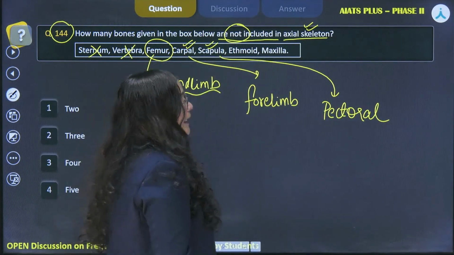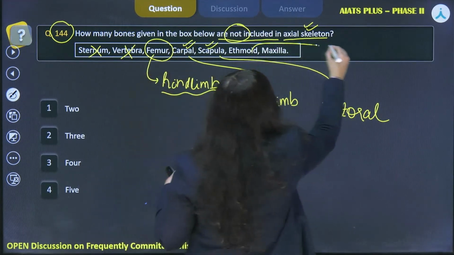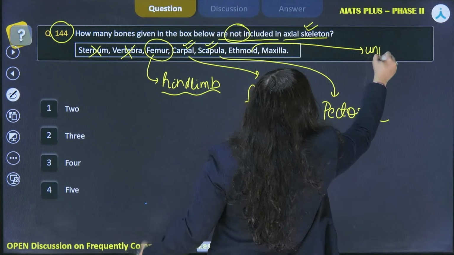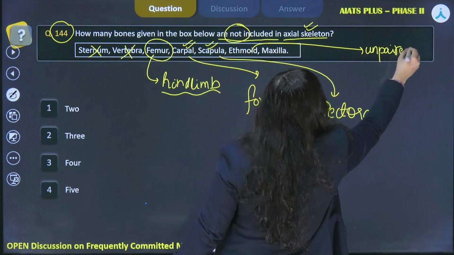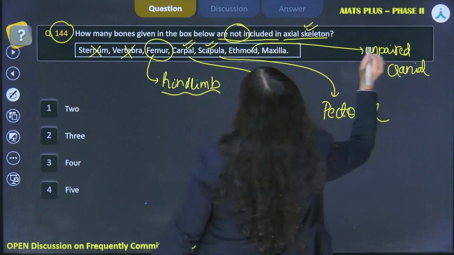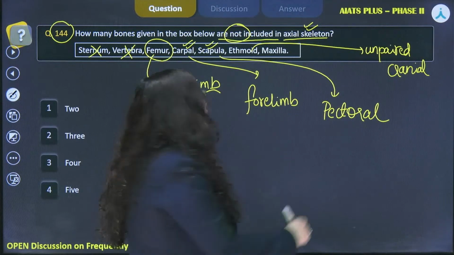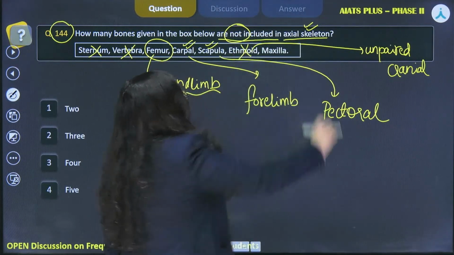Then we have the ethmoid bone. Ethmoid bone is the unpaired cranial bone, and it will be a part of the axial skeleton, and therefore we will not include ethmoid in our answer.